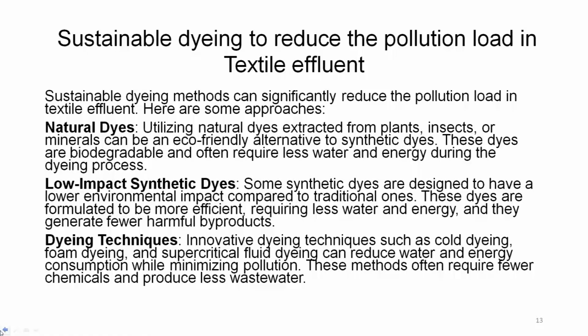Here are some approaches. Natural dyes. Utilizing natural dyes extracted from plants, insects or minerals can be an eco-friendly alternative to synthetic dyes. These dyes are biodegradable and often require less water and energy during the dyeing process.